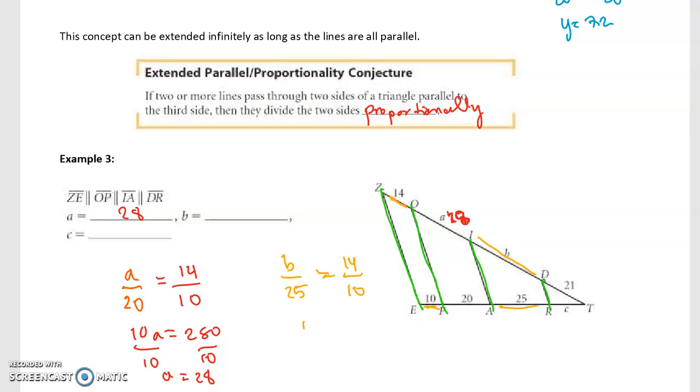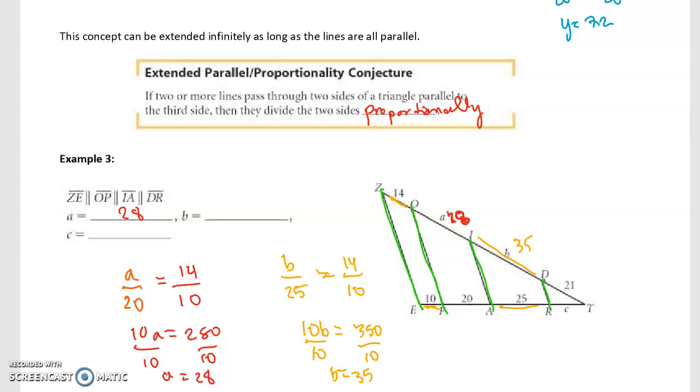So that would be 10B and 25 times 14 is 350. And so that means B is 35.